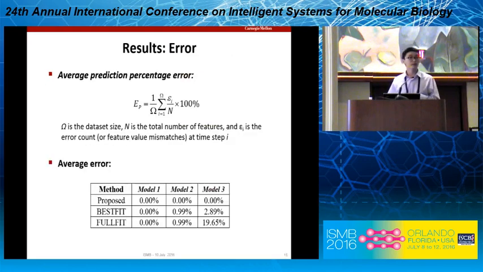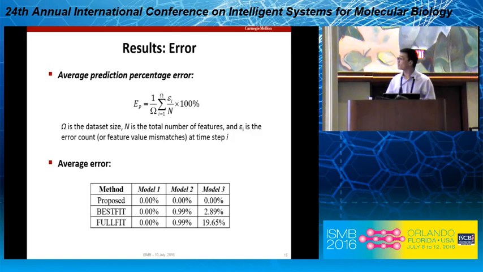So let's come to the results part. We first evaluate the error. We use the average prediction percentage error, with the formula shown here. The meaning of this is just the percentage of mispredicted instances among all predictions.